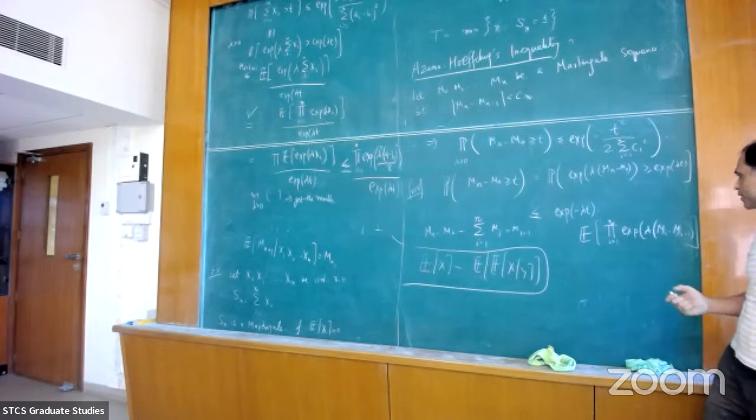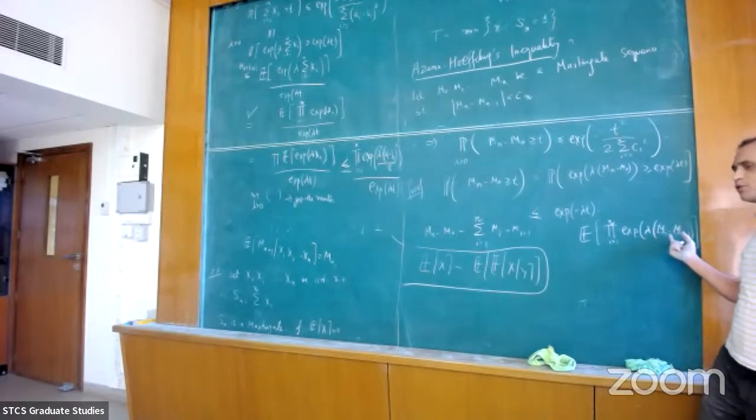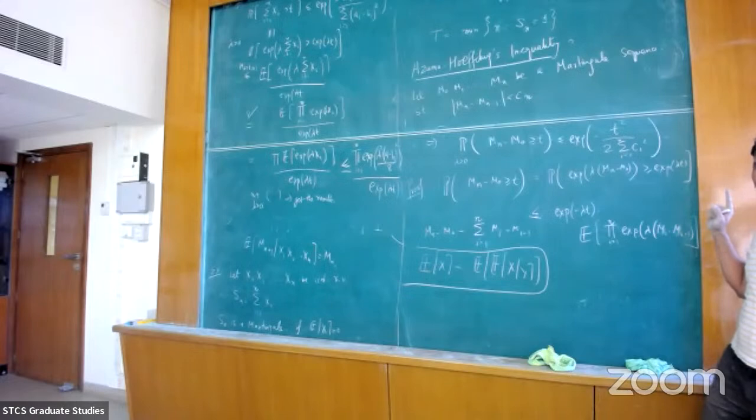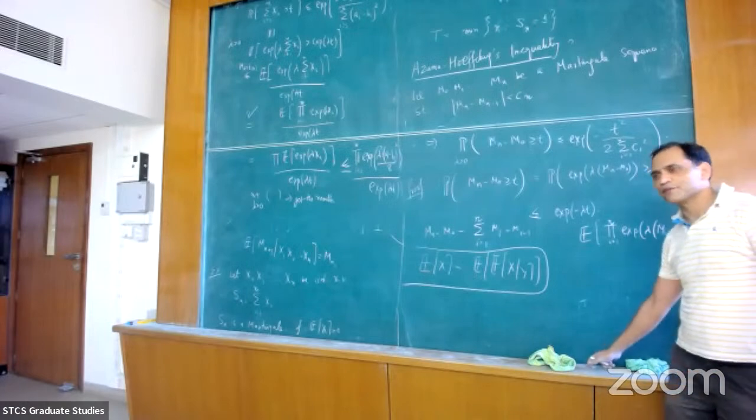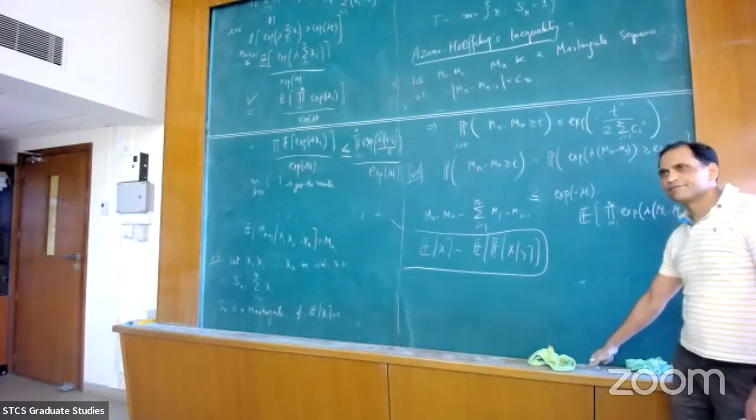The obvious thing to me looks like I should take m0 to mn minus 1. If I condition on those, m0 to mn minus 1 will become deterministic. Only one remains, which is a random variable, which is mn, and for which I know something from the martingale condition. It is going to be mn minus 1. So that gives me some hope of actually going forward.